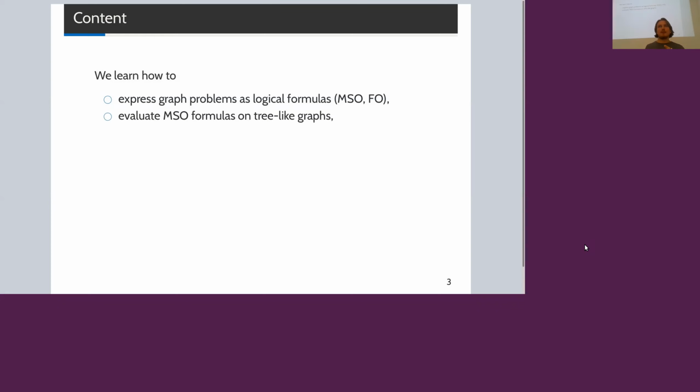And if we can evaluate these formulas efficiently, then we can also evaluate all these problems that are expressible in the logic efficiently, and then we get our meta-theorem. Okay, for tree-like graphs, that's going to be tree width. I'm not assuming you guys to be familiar with all this, so some of you may be already, but I'm not assuming any prerequisites beyond bachelor level for this course.